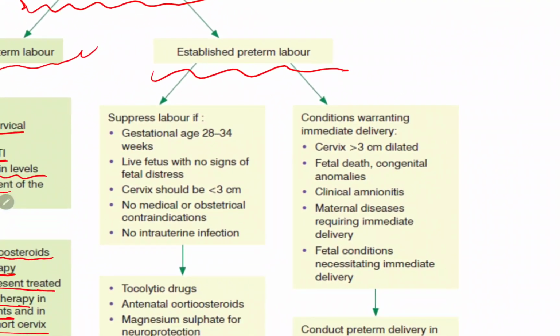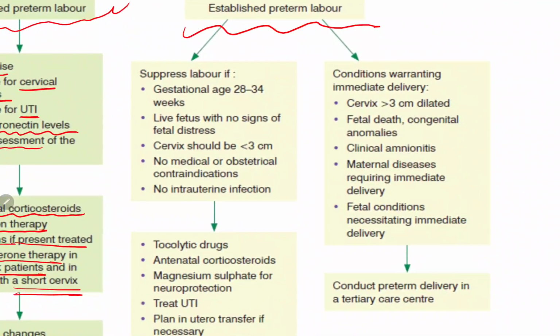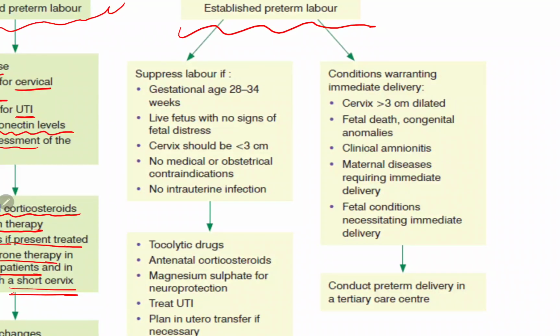Now, if it is an established preterm labor, I can either suppress the labor. I can suppress the labor if gestational age is around 28 to 34 weeks. Then I have a possibility of suppressing the labor.